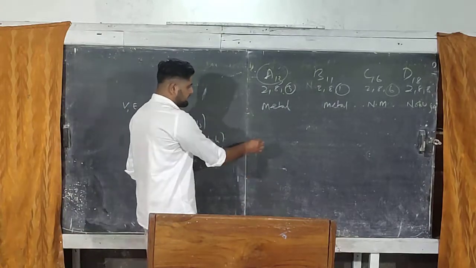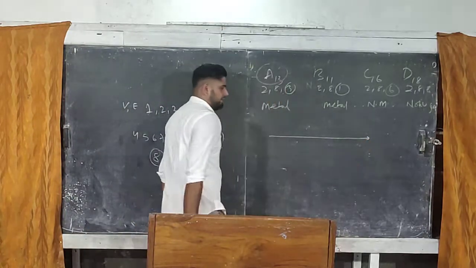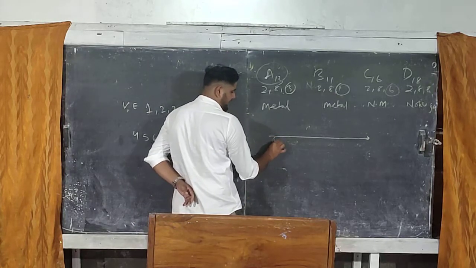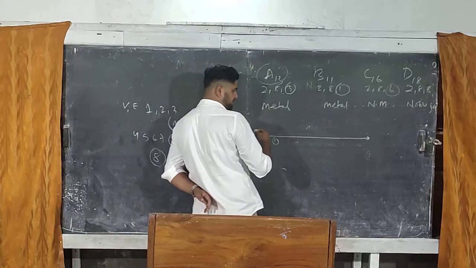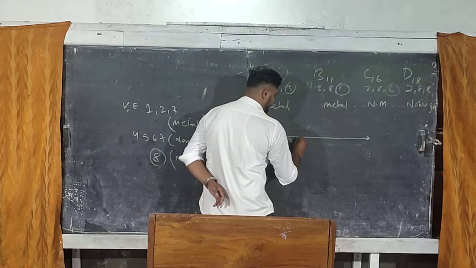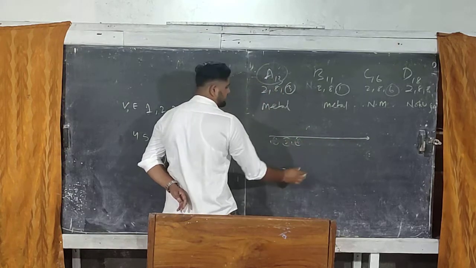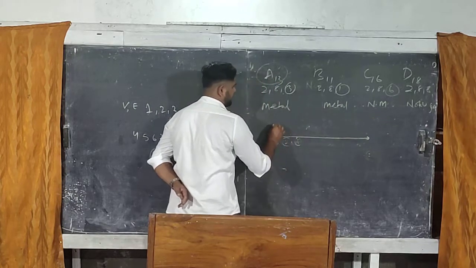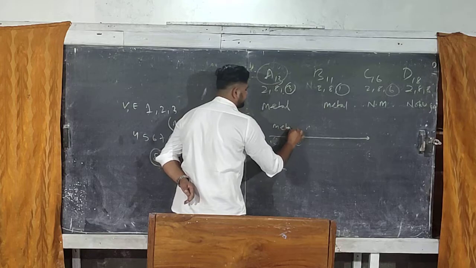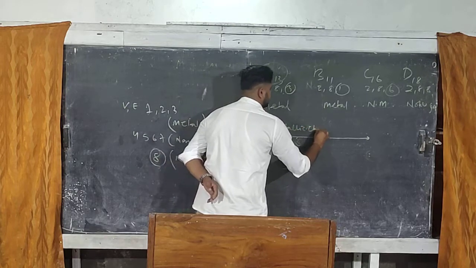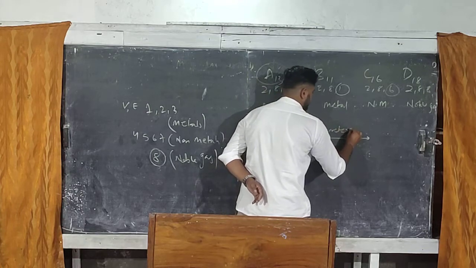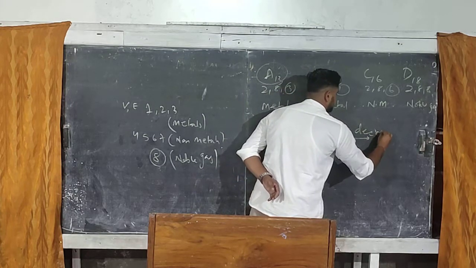What happens if you move from left to right in the periodic table? As you know, valence electron increases when we move from left to right, 2, 3, 4, 5, 6 and so on, so metallic character decreases.